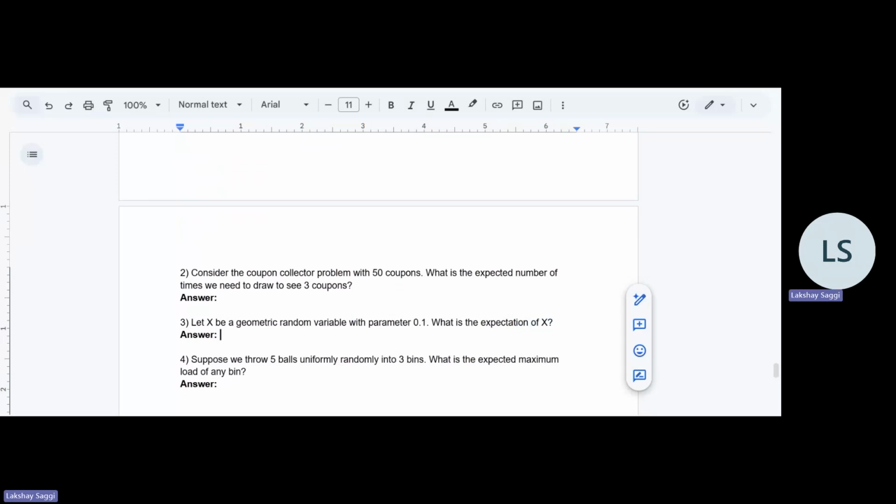What this parameter p means is that suppose you're tossing a coin, and heads comes up with probability p, and tails comes up with probability 1 minus p.